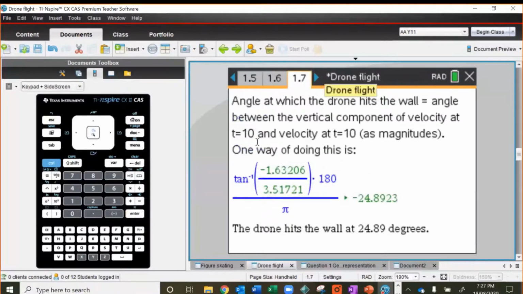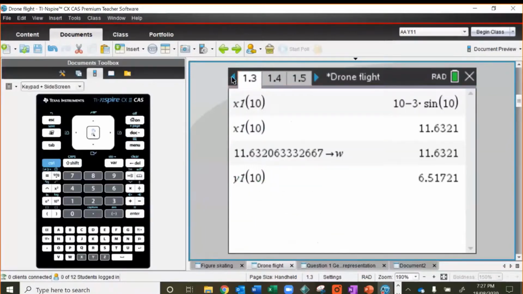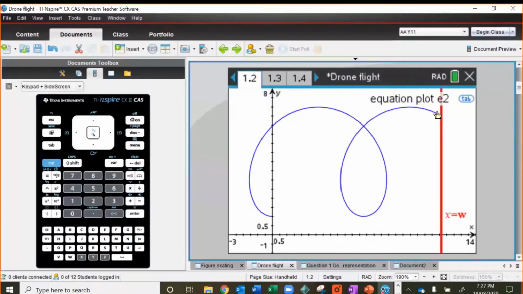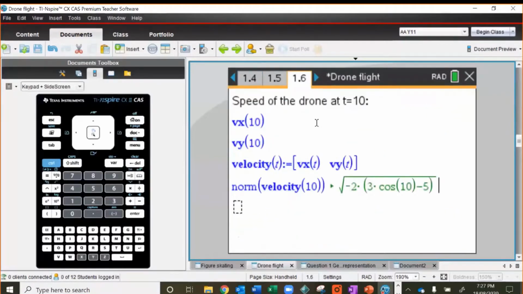Now, if we wish to find at which angle the drone hits the wall, if we again go back to our picture, it hits the wall here. If we draw a velocity vector here, which has two components, that will be the angle between velocity and the wall. How can we set it up?